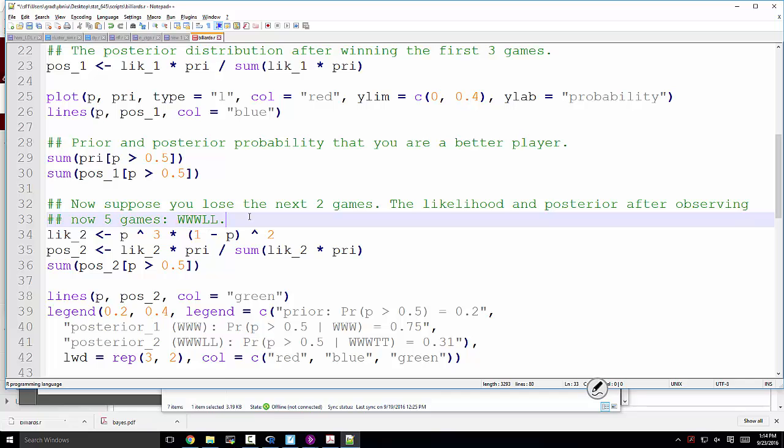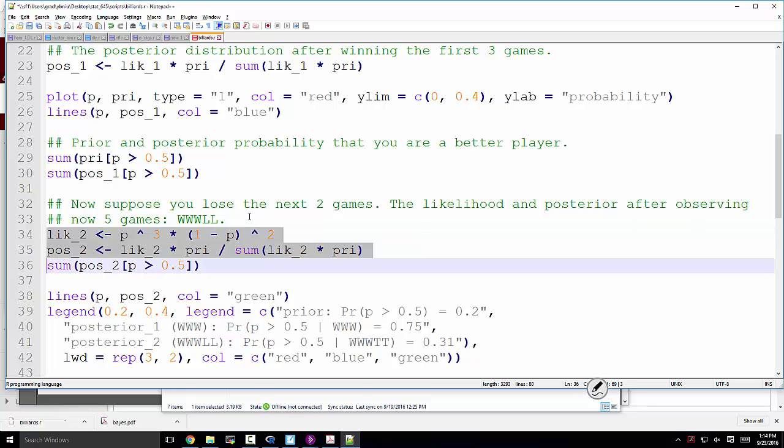If I did that, my prior is still what it was at the beginning. My likelihood is p to the 3, 1 minus p to the 2, because I'm representing all the 5 games, and then I could get my posterior. Let's do this one. I'll run this one, and we'll make a picture.